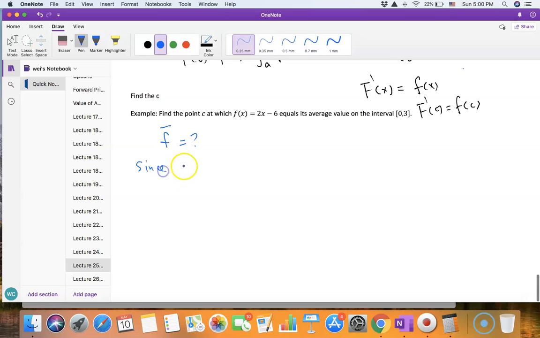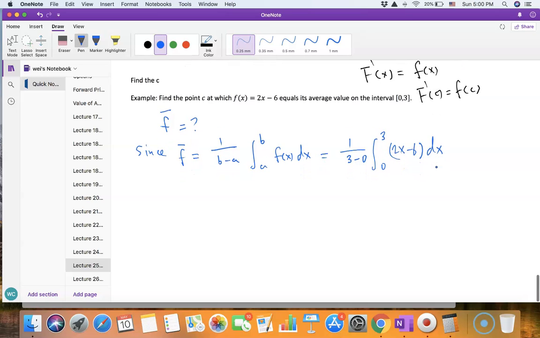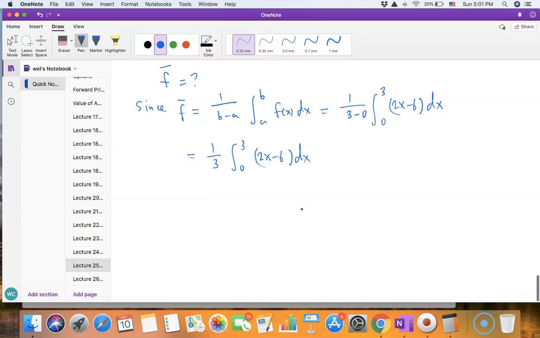So since the average value of a function equals 1 over b minus a times the integral from a to b of f of x dx, therefore it equals 1 over 3 minus 0 times the integral from 0 to 3 of 2x minus 6 dx, okay, which equals 1/3 times the integral of 2x minus 6 dx.